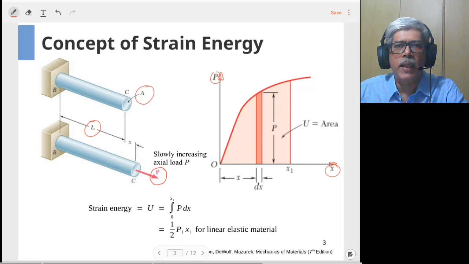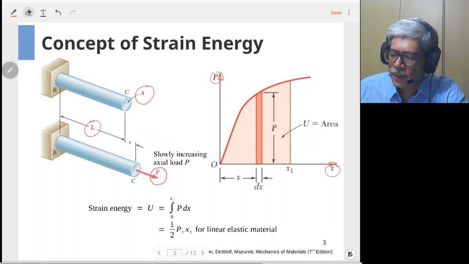So let's find out for this particular bar what is the amount of strain energy. For this we will take help of the figure on the right hand side, which gives you the load displacement graph for this particular body. Consider an instant where the load acting on the bar is P, and the bar is subjected to an instantaneous stretch of dx.